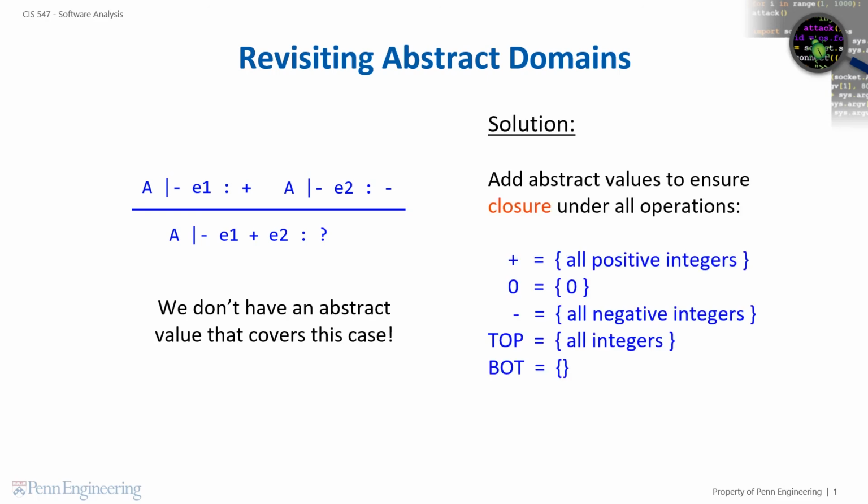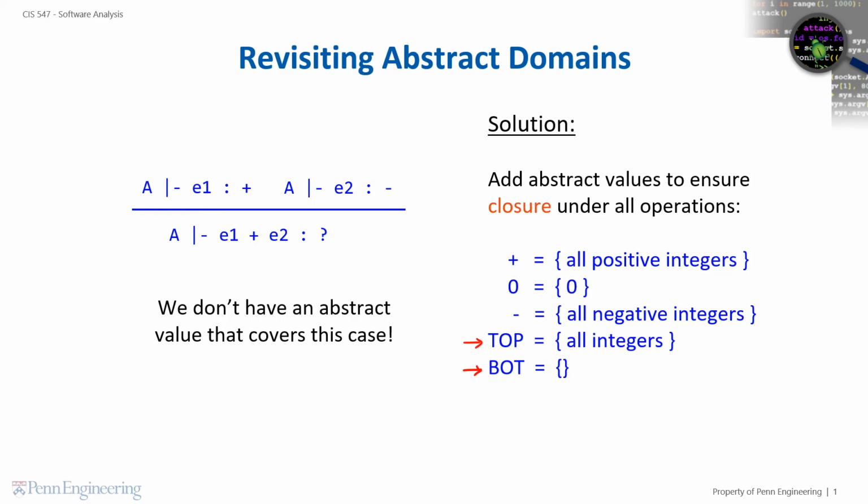The solution is to add new abstract values to our system to make sure the system is closed under all operations. There are no expressions with undefined abstract values. To our existing abstract values, we will add two additional abstract values. Top, which will represent the set of all integers, and bot, which will represent the empty set.